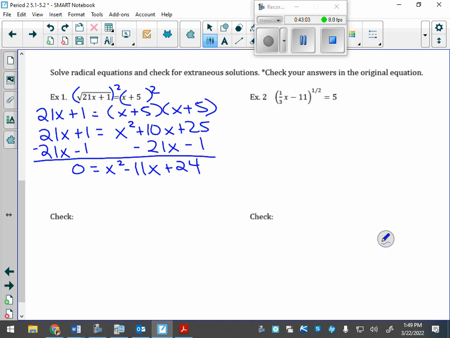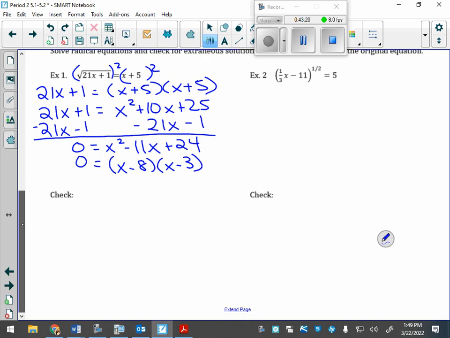How do I factor it? Good. So I have x minus 8 and x minus 3.